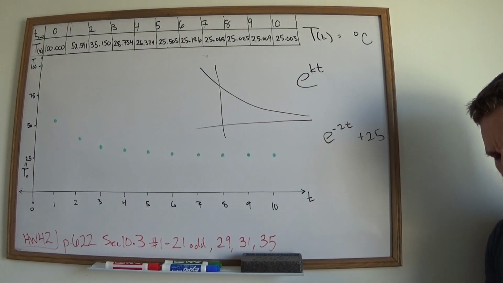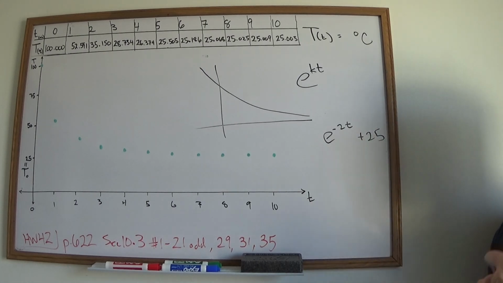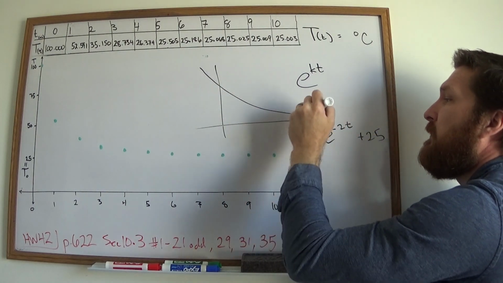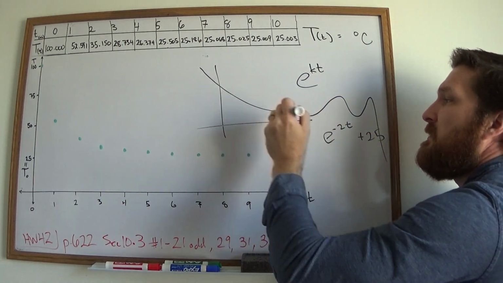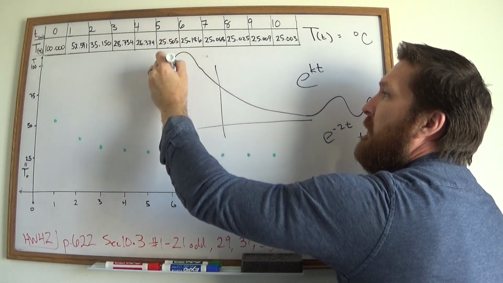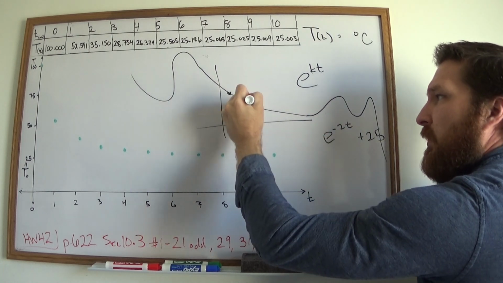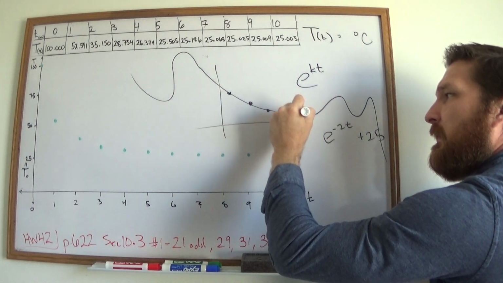Or maybe we use a polynomial. Maybe this is part of some polynomial that does this, and then it comes up and does something like that. But right here in this range where our data points are, it fits perfectly.